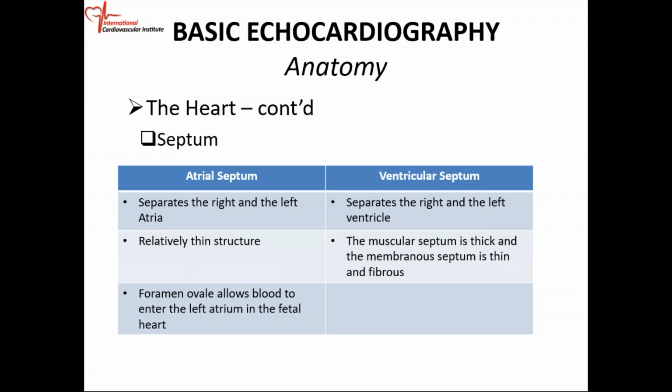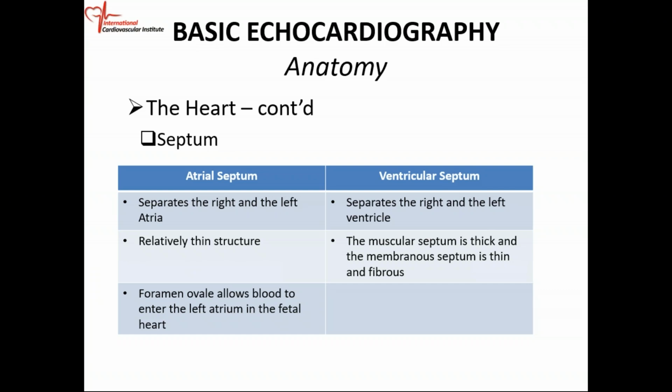So the foramen ovale in fetal life, in the developing baby, is a communication between the right and the left atrium, and it allows oxygenated blood to flow from the right atrium into the left atrium.